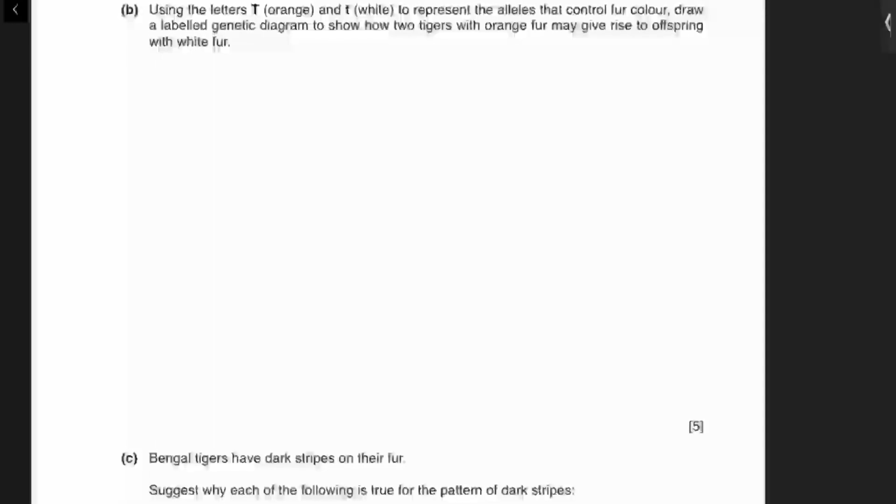Normally, they ask... this I is for blood group, man. So they have given T and T. Do it again.